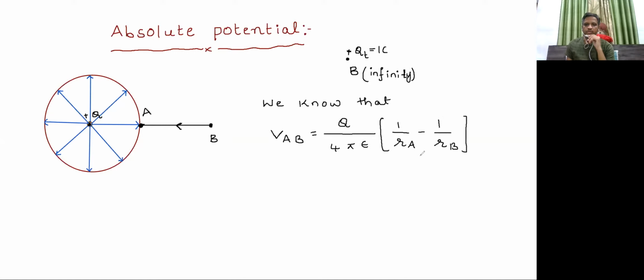Here it's a potential difference. We know that this is also indicated by VA minus VB. It is the potential at point A minus potential at point B.